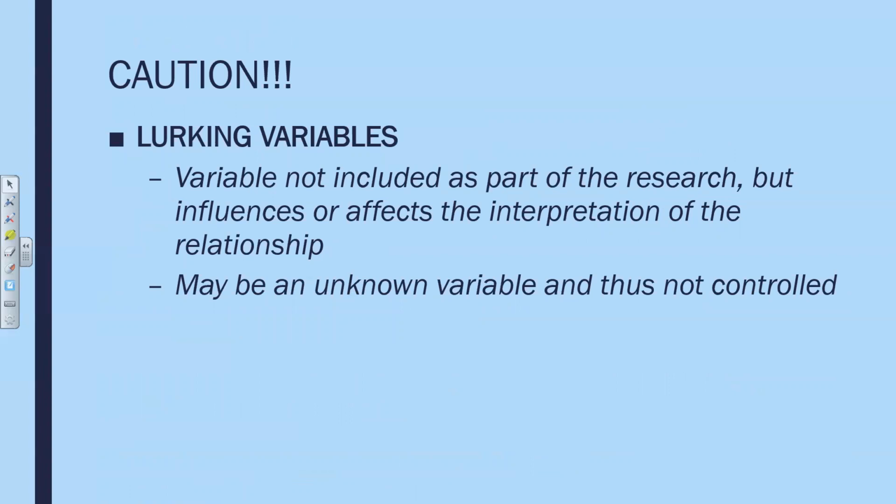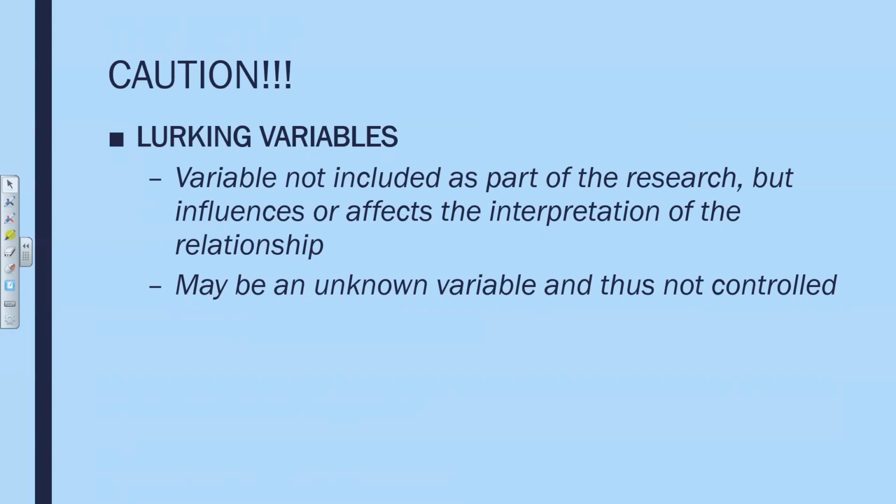Sometimes when you're doing research, you're trying to look at the effect of that fertilizer on the rose bushes, or whether an aspirin can help prevent heart attacks. And you try to control as much of the research as you can. I try to control the amount of water that each rose bush gets, the amount of sunlight, how long it gets sunlight. I try to control all those things.